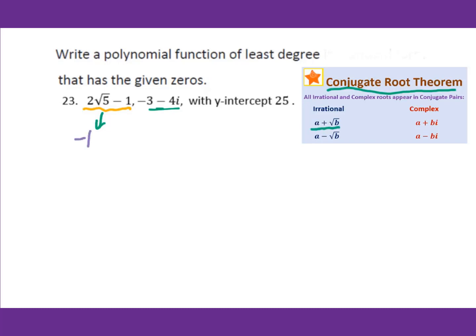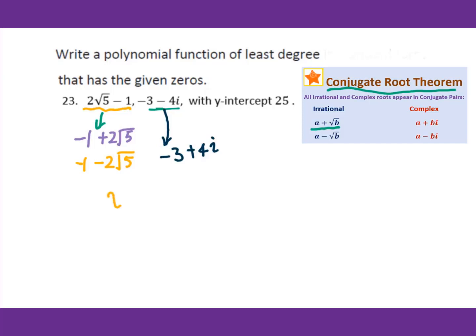We got negative 1 plus 2 square root of 5. Therefore, the conjugate of this irrational number will be negative 1 minus 2 square root of 5. The conjugate for negative 3 minus 4i will be negative 3 plus 4i.